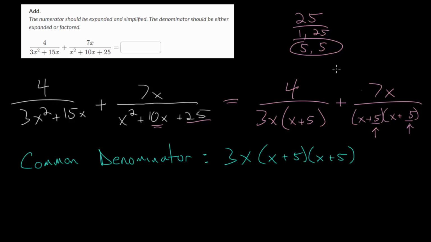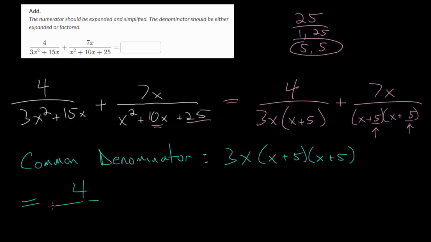So let's rewrite these, but with our multiplication. And again, just to summarize, we're multiplying top and bottom here by x plus 5 and top and bottom here by 3x. And that way, in both cases, we end up with this 3x and two factors of x plus 5. So rewriting by finding our common denominator.